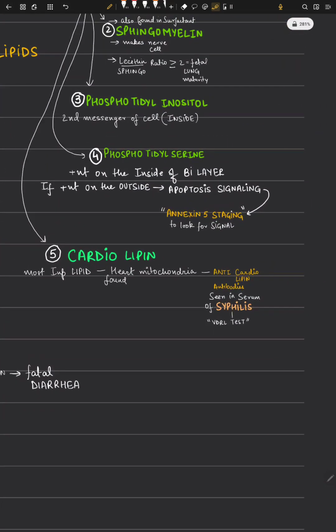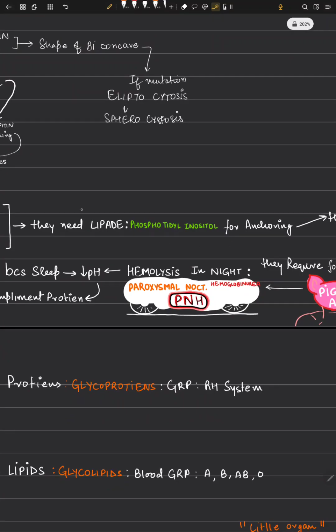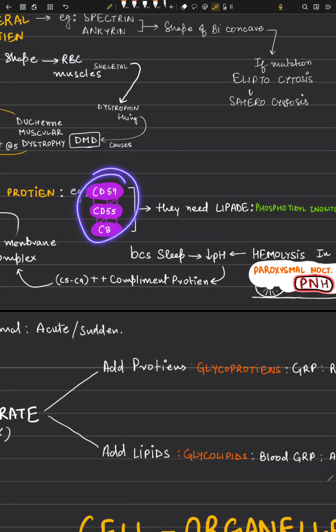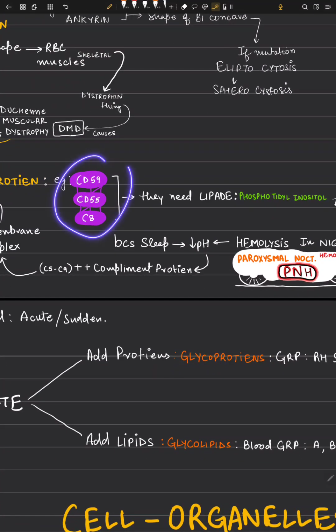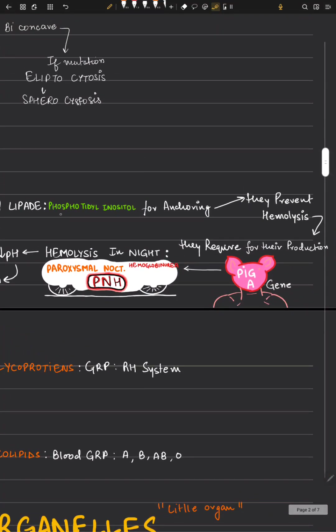Do you remember this? Phosphatidylinositol. In the second messenger of the cell, they are inside. They work as messengers. They don't carry information, they just help to anchor these substances, these chemicals. So phosphatidylinositol is for anchoring.